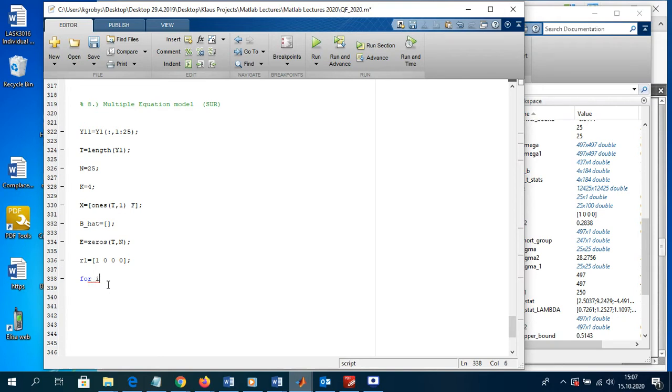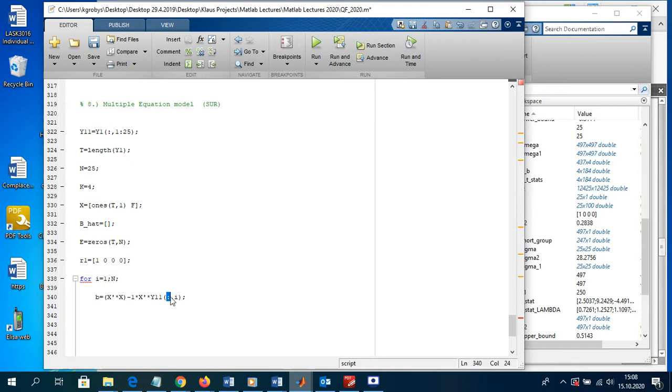We start with i going from 1 until capital N. Our popular formula for the OLS regression is X, our regressor matrix, transposed times itself, inverted, times itself transposed, times capital Y11, and we take all rows in the first column.